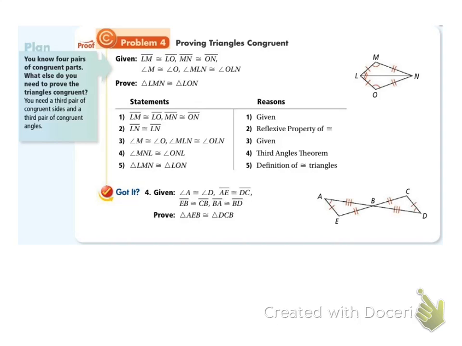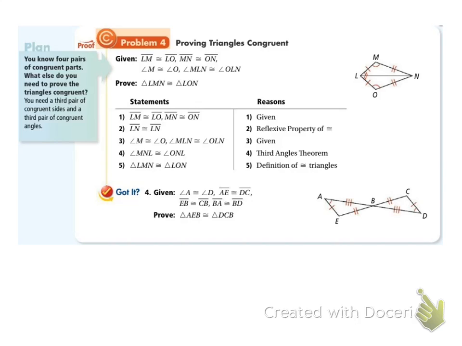Remember the reflexive property I said? We know that LN is congruent to LN because of the reflexive property. Now if I look at the angles that I'm given, I know that angle O is congruent to angle M. And I know that angle MLN is congruent to angle NLO. So if I'm looking at these 2 triangles, I have 2 angles congruent in each of them.